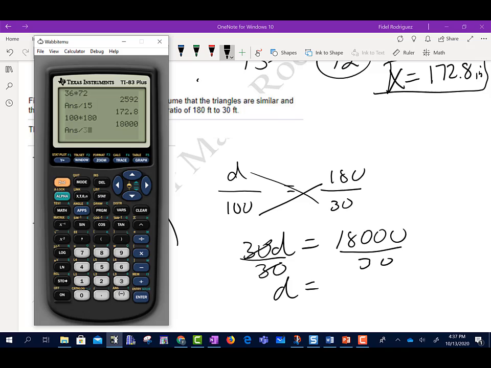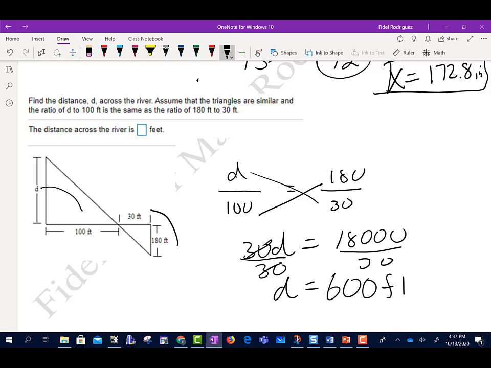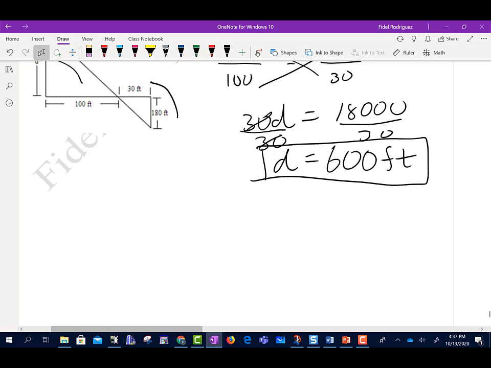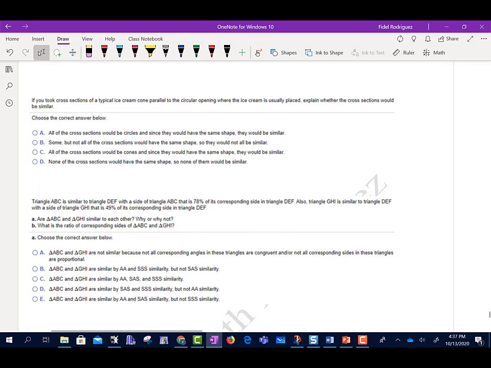And 18,000 divided by 30 is 600. And there's the distance, 600 feet, right? And then right here, guys, I would just type in 600. Okay. Good. Let's keep moving down here.